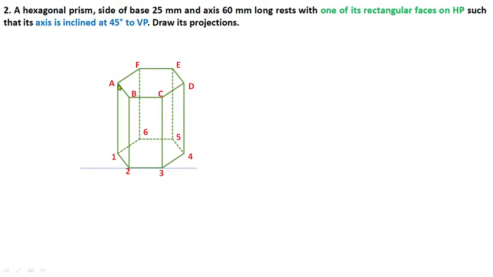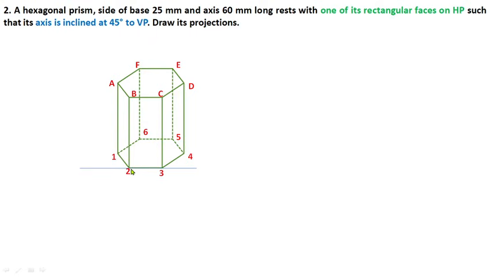The 2 to 3 edge has one rectangular surface, 3 to 4 has one, 1 to 4 has one.